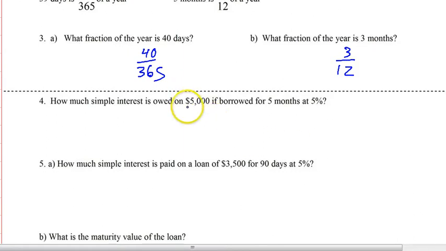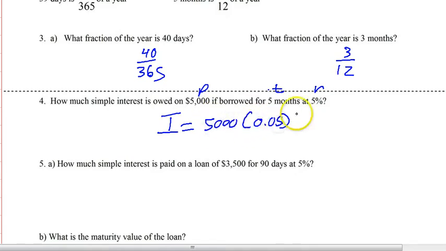How much simple interest is owed on $5,000 if borrowed for 5 months at 5%? So our principal, our rate, and then our time. Principal is 5,000. The rate is 0.05, but the time now is not 5, it's 5 out of 12 because it's months.